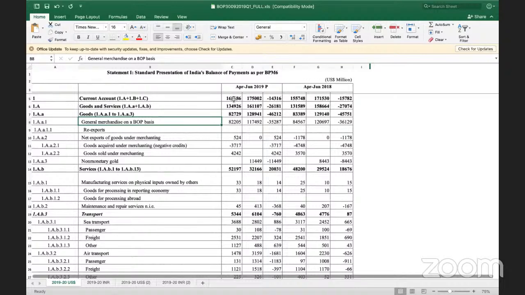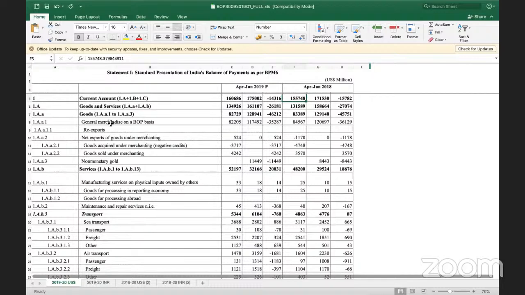You can take up a project work on this also, if you're still in the process of project work. How the current account has been declining, you'll get a beautiful graph and can explain in more detail. What is the reason for this decline from 171,530 to 160,686?